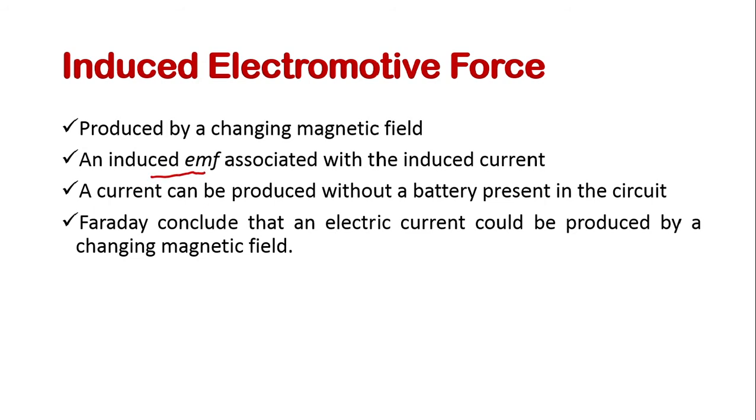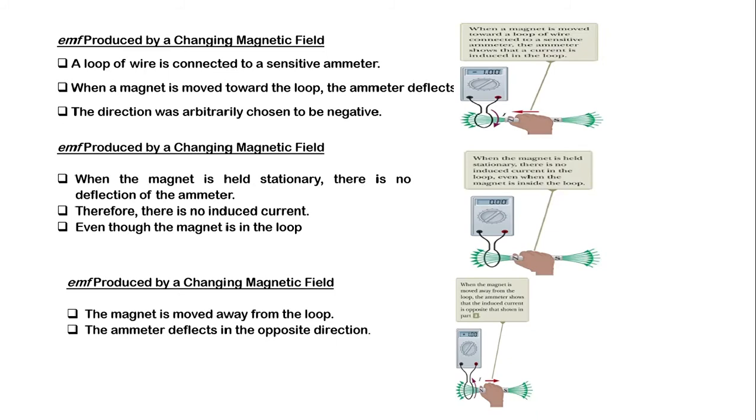So induced EMF dia akan produce induced current. EMF ni lebih kurang sama dengan induced current. Ada induced current, so dia ada induced EMF. Okay, so macam mana boleh terjadinya induced EMF ni, boleh baca sendiri.